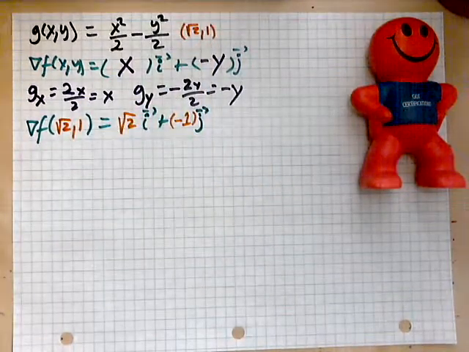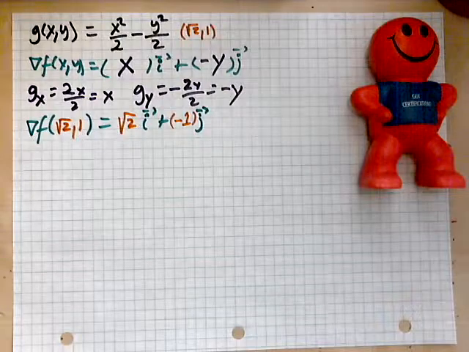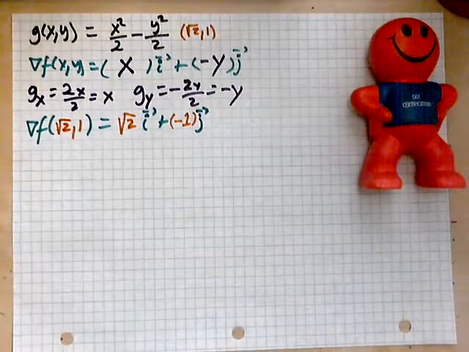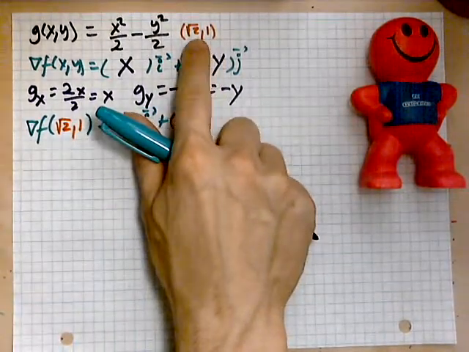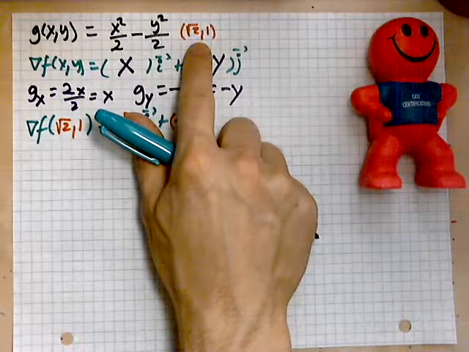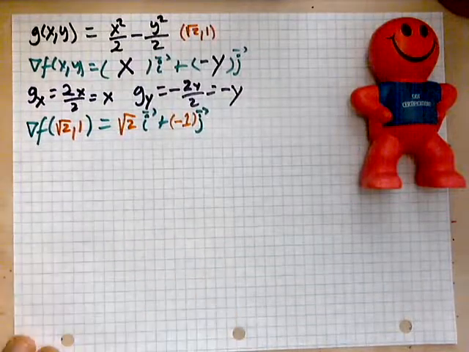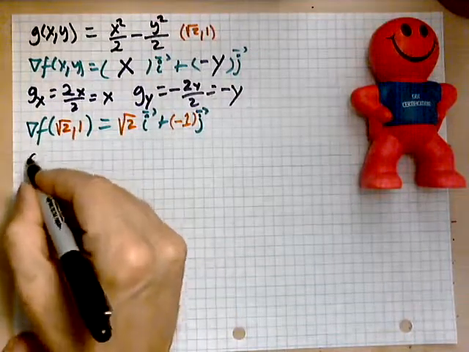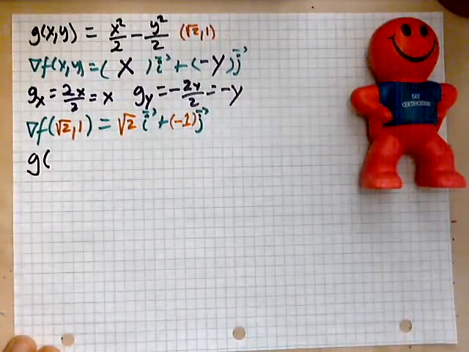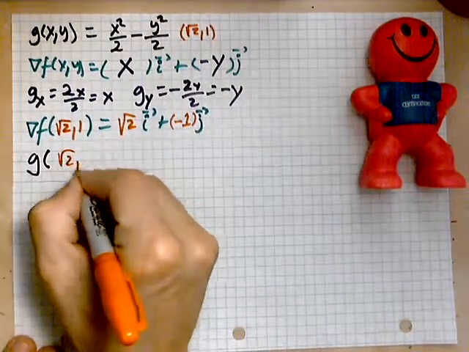With that in place, the next move is this. Let's graph the level curve that corresponds to this point and the function. The way to do that is to find the value of the function at that point. So we need g evaluated at the point root 2 comma 1.